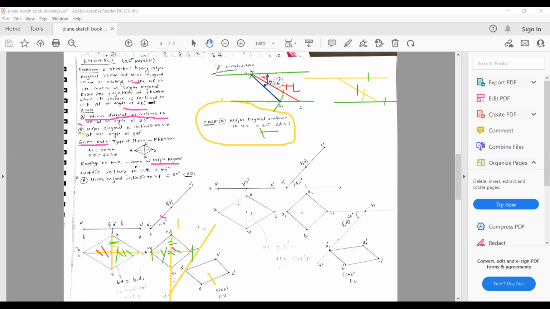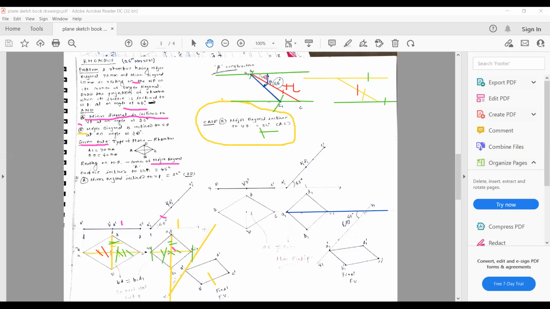Okay, now the same problem but taking the major diagonal inclined. What exactly do you have to do here? First of all, extend the major diagonal further, instead of extending this diagonal, because the minor diagonal is not given inclined. Okay, so the major diagonal is given inclined.